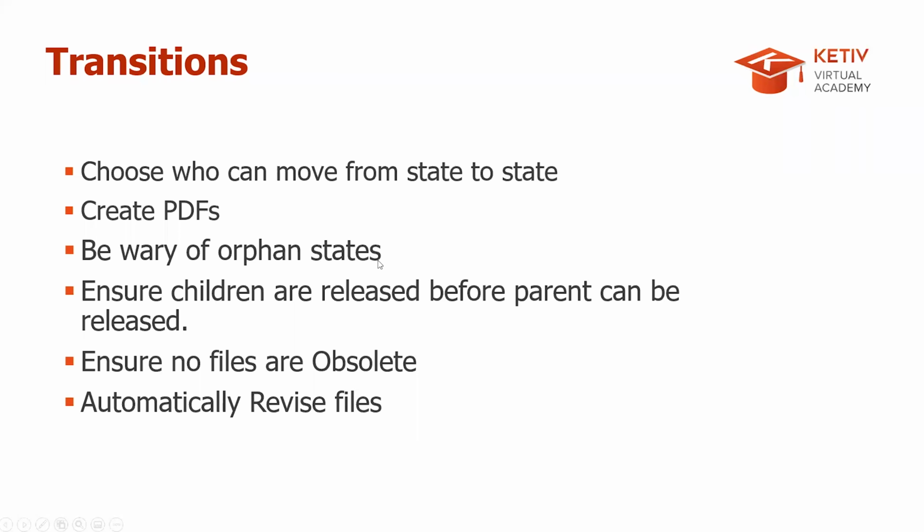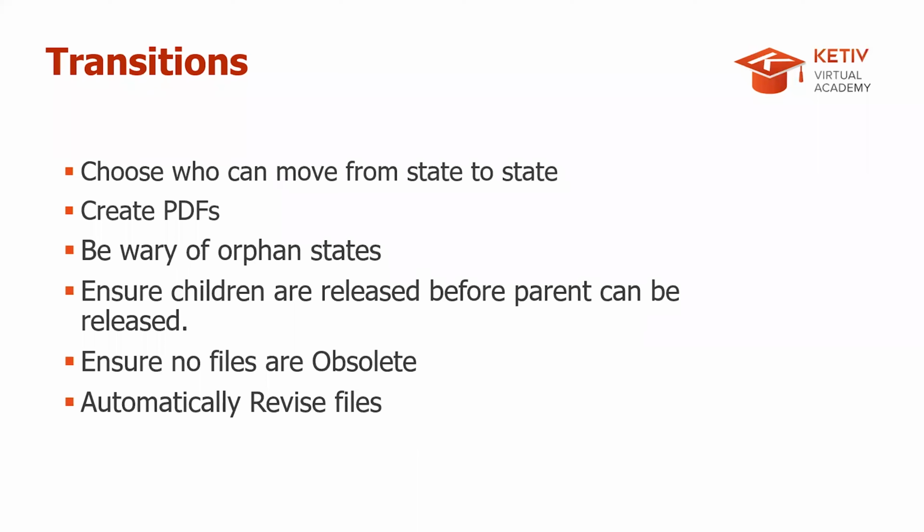So when you're making changes to your lifecycle states, if you're going to delete a state or certain transitions, or certain states that connect to those, make sure that your files can get out of those states.